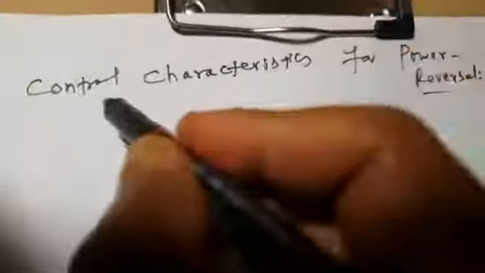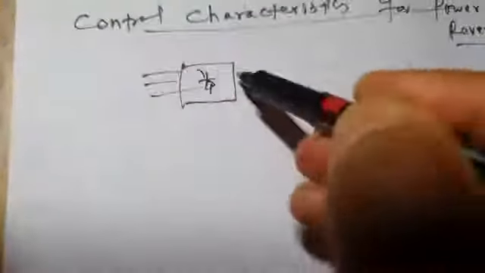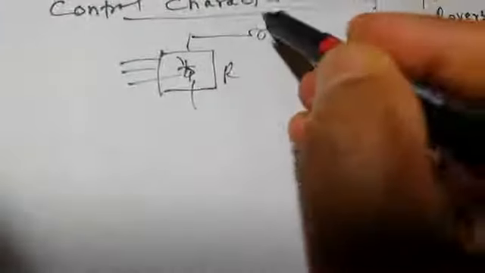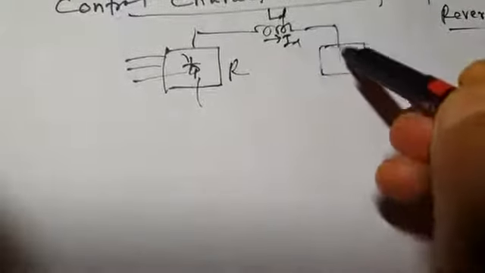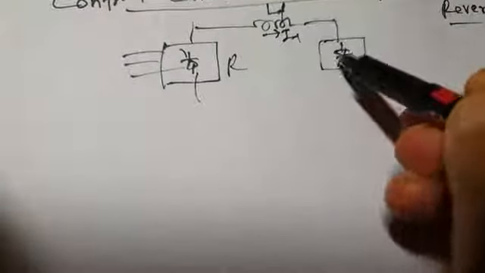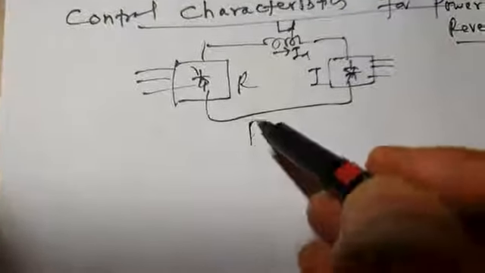Control characteristics for power reversal means, if this is your HVDC system, this is the rectifier side R, this is L_D, I_D, and this is your inverter side I. Generally, power flows from the rectifier side to the inverter side.